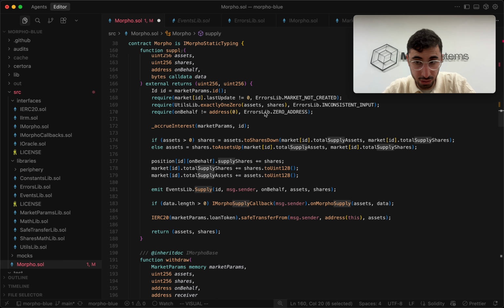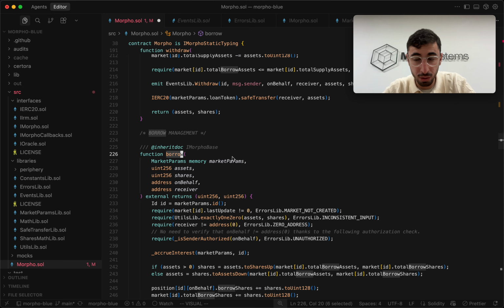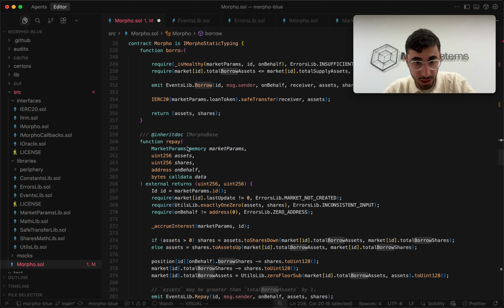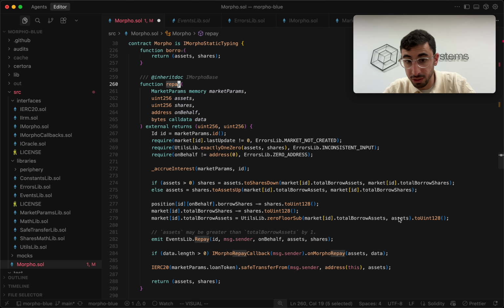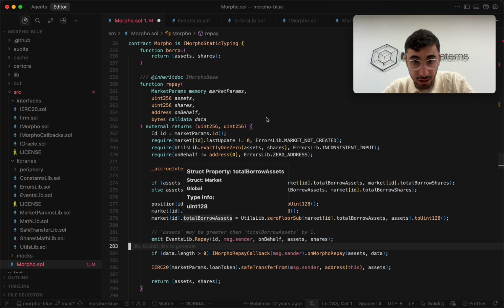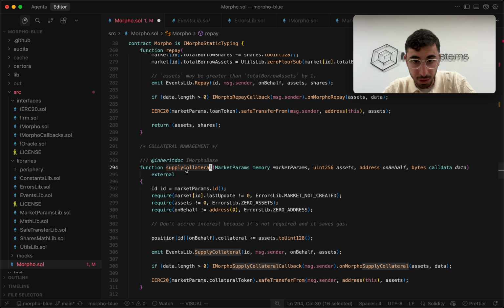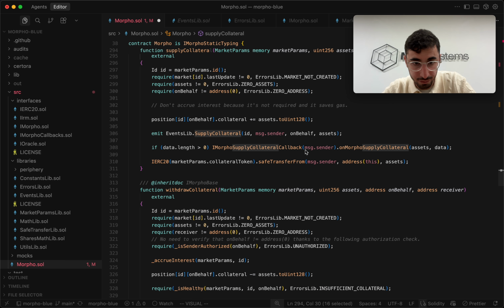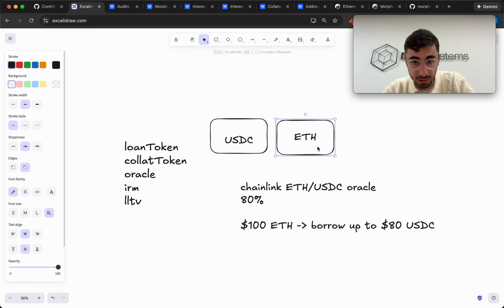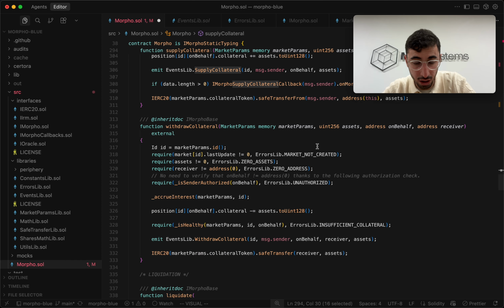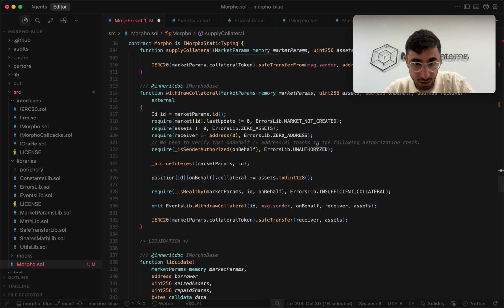Withdraw is withdraw USDC. Borrow would be borrow USDC. Repay is what you call to repay some of what you borrowed. Supply collateral would be supply ETH. Withdraw collateral would be withdrawing ETH as well.